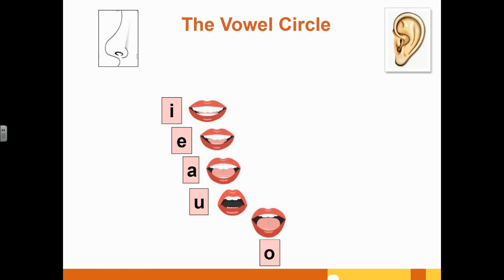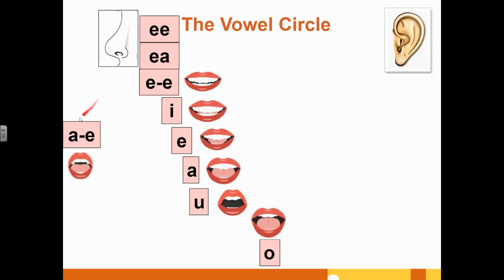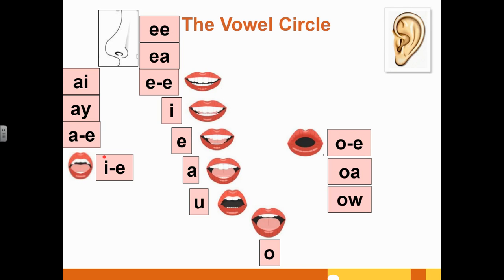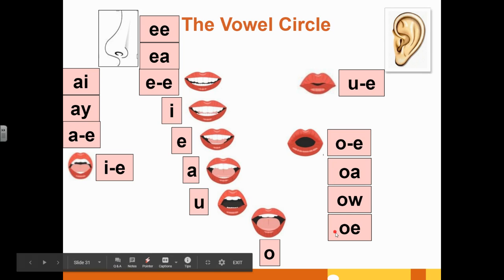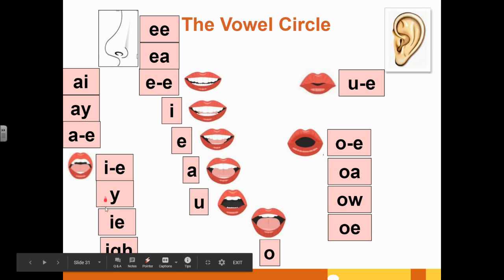So we have I, followed by the long E, and E, followed by the long A, and now we have O, and O. And then we still have the U for Q with the silent E. And here we have the IE, like in pie, and then the Y, like in by and my, and then the IGH like in light. Sorry, I got a little out of order.